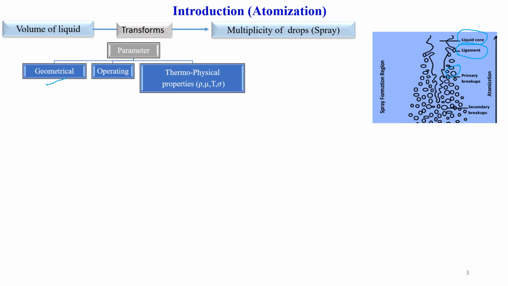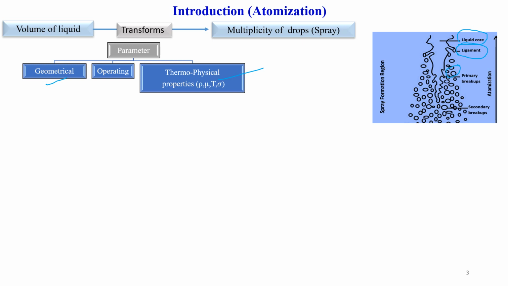First is the geometrical parameter, such as atomizer diameter, or whether it is an external or internal mixing atomizer, etc. The second parameter is the operating parameter, so the supply pressure of liquid or the supply pressure of the atomizing air, etc. The third important parameter is the thermophysical property of the fluids, such as density, viscosity, temperature, and surface tension.